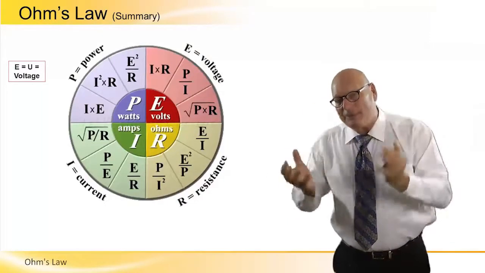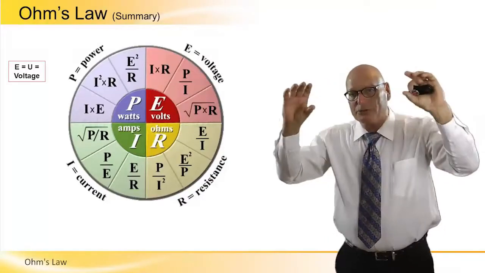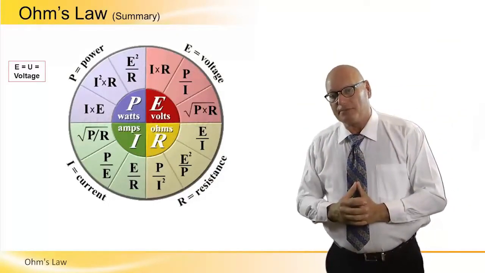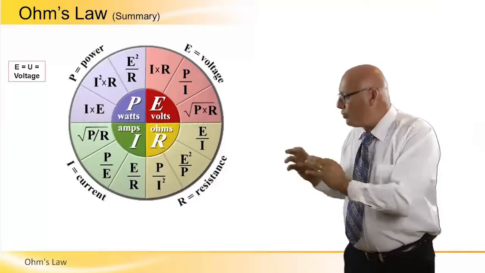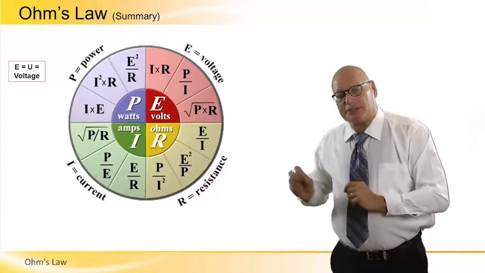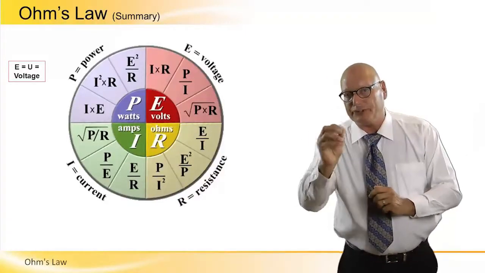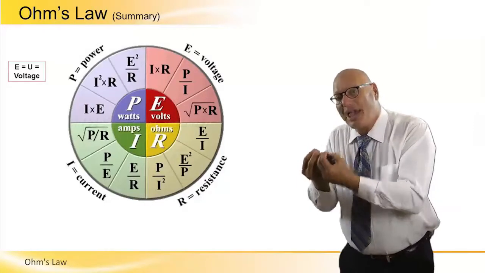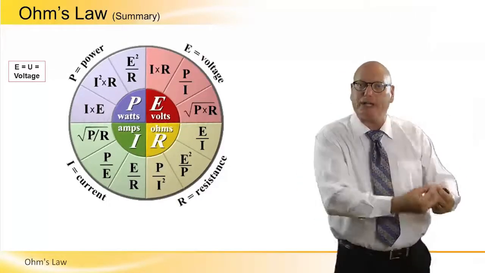This is a summary of all the different formulas under the umbrella of Ohm's law. We've covered them all. There is no need for me to go through every single section and describe it. You can choose whatever formula is more convenient for you, based on the values that you have in your hands and the components that you have, in order to find the end result.